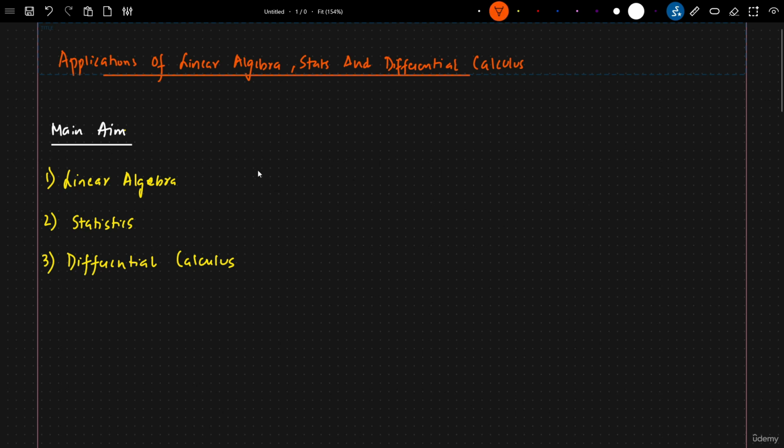From all these topics that we have learned, we have also seen some good applications, including some applications in data science, right?